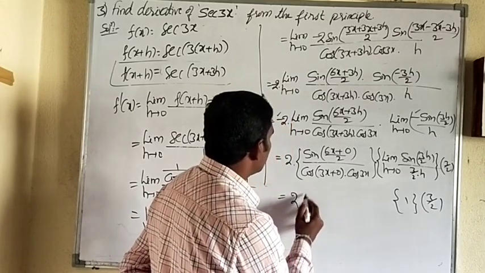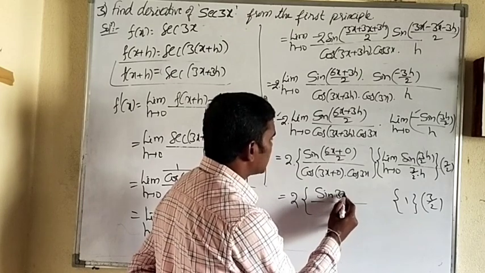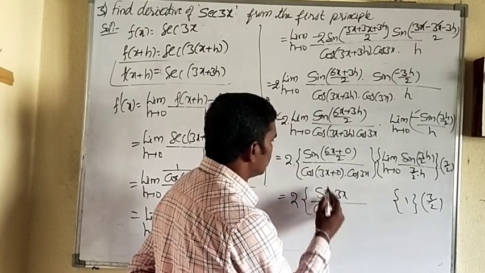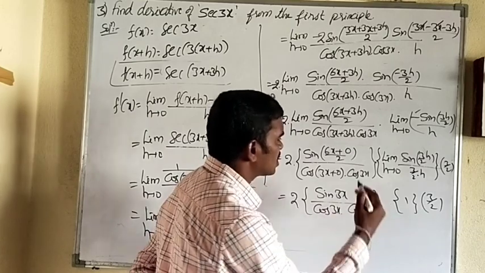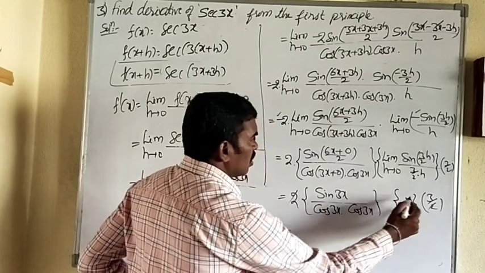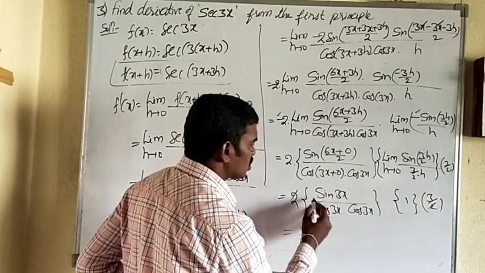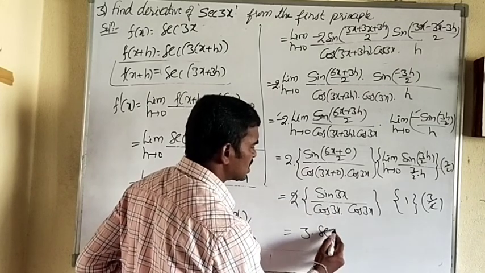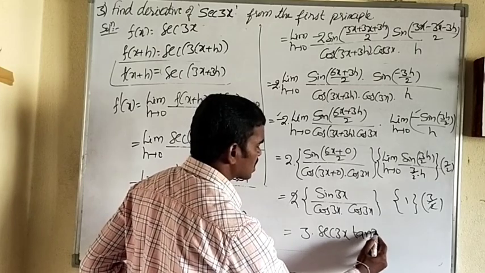Okay, 2 into. So here sin 6x by 2 becomes sin 3x by cos 3x plus 0, cos 3x by cos 3x. Okay, this is the formula. So 2, 1 by 2 cancel, 1 into 3, 3 into sin 3x by cos 3x, sorry, 1 by cos 3x means sec 3x, sin x by cos x means tan 3x.